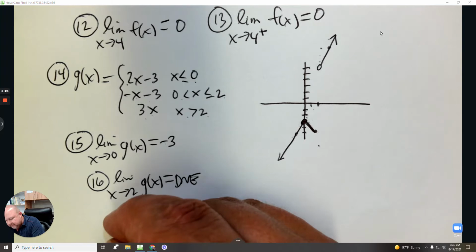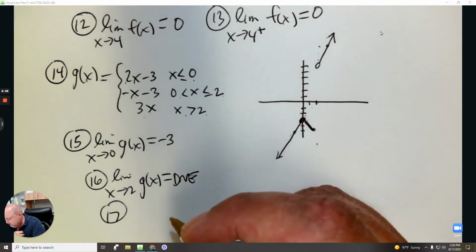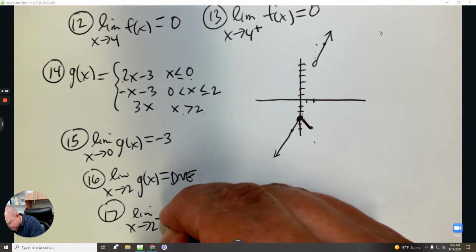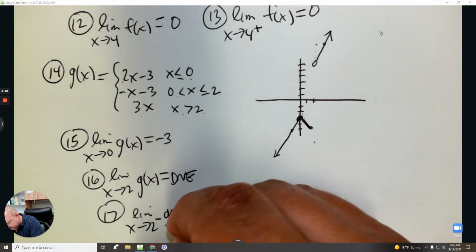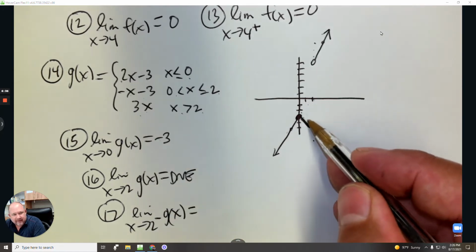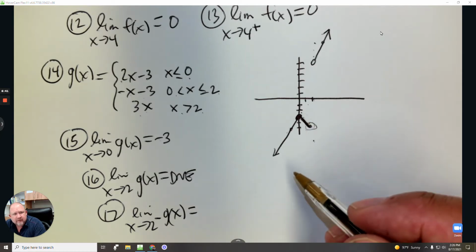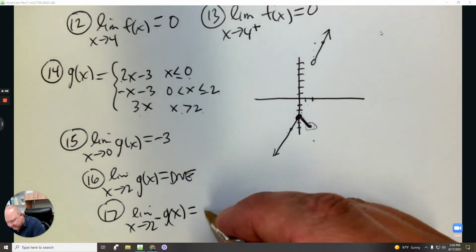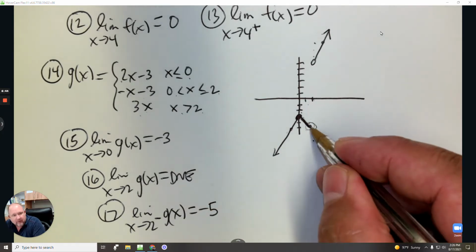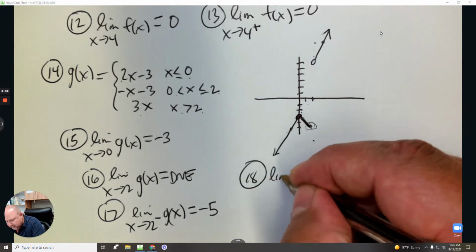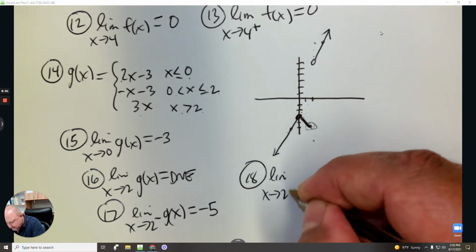For number 17, the limit as x approaches 2 from the left. So from the left, it's this y value, which we said was -5. That y value down there. Number 18, the limit as x approaches 2 from the right.